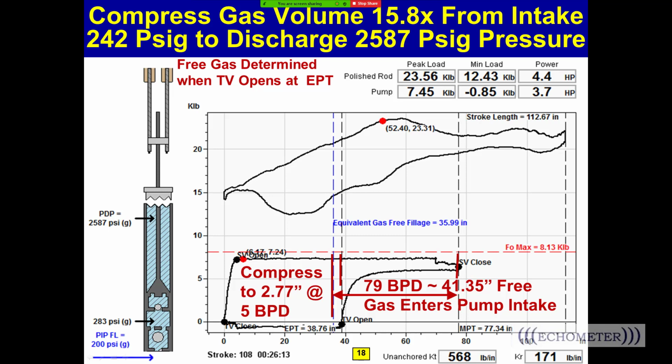I usually think of sand as just solids that take up space, just like oil. And usually the sand is carried by the oil, maybe by the water. But if you're making a large amount of sand, there's two problems. One problem is the sand causes pump sticking, and that may be why you're opening your clearances up to prevent scoring of the barrel.